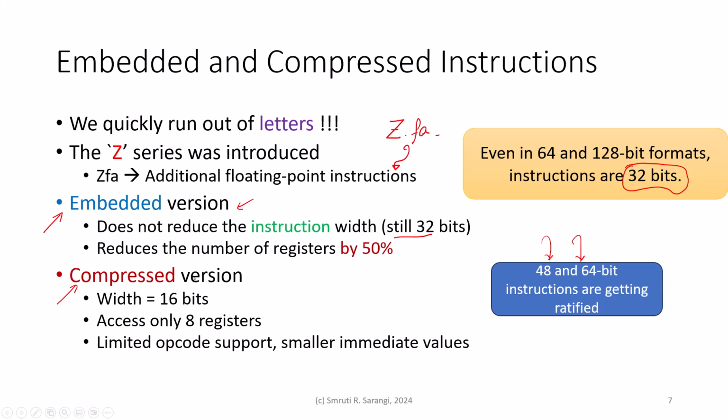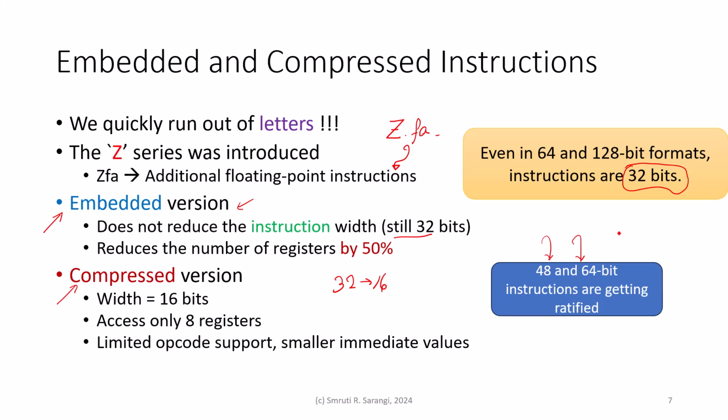So let's now come to the compressed version. In the compressed version, we actually reduce the width from 32 to 16. And instead of accessing the full set of 32 registers, we actually access only 8 registers, right? RISC-V is a RISC instruction set, so it has a lot of registers, but we access only 8.